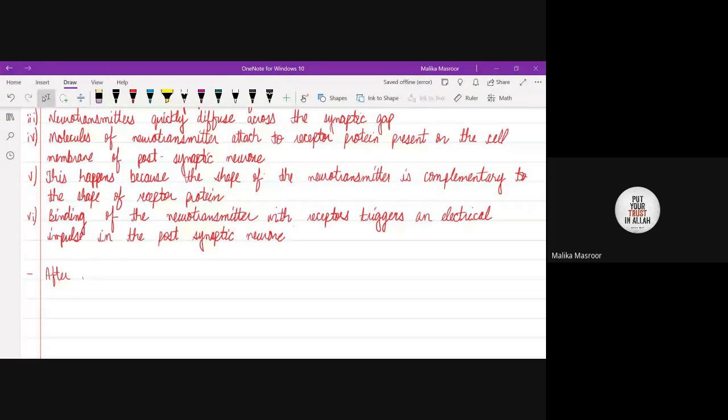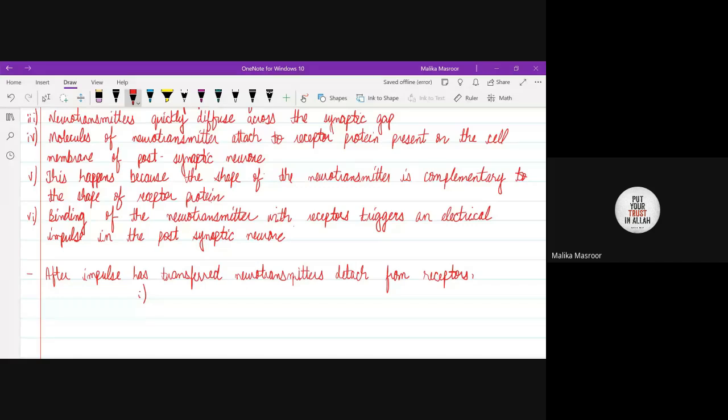After the impulse is transmitted, neurotransmitters detach from the receptors, and there are two things that can happen to them. One, they are reuptaken by the vesicles.